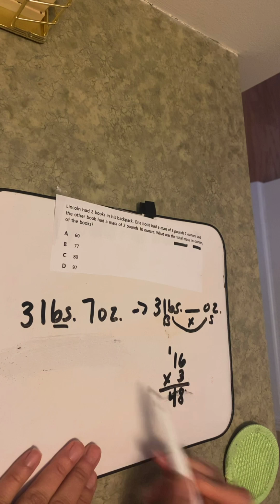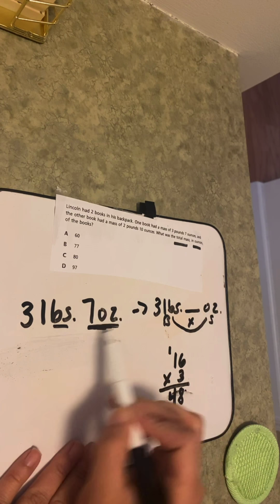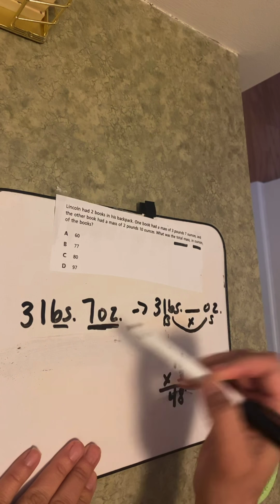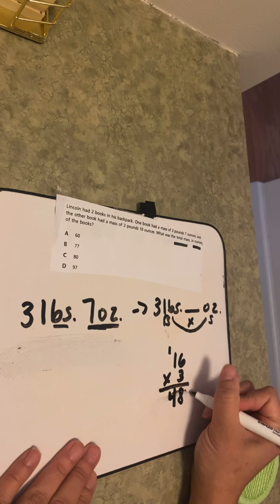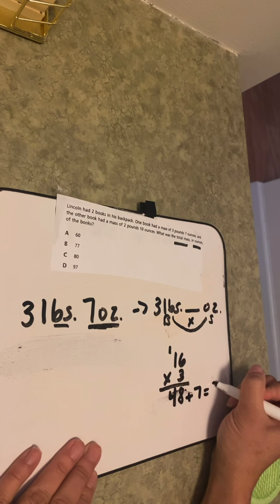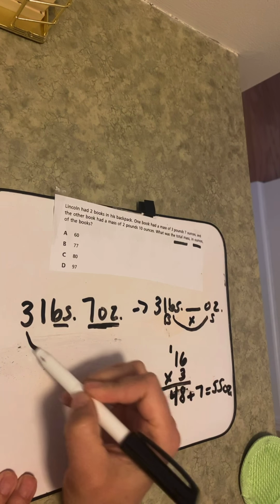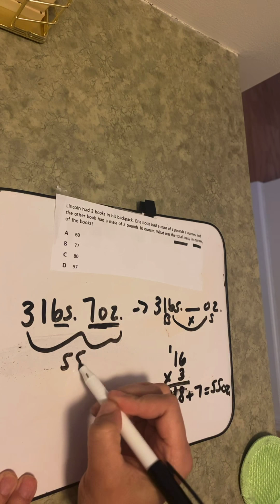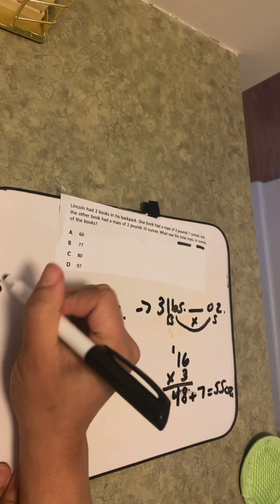Now we also have to remember the 7 ounces, because this is part of the mass of the book. So we add 48 plus 7, and the first book is 55 ounces.